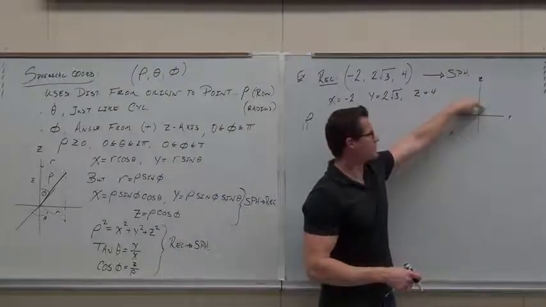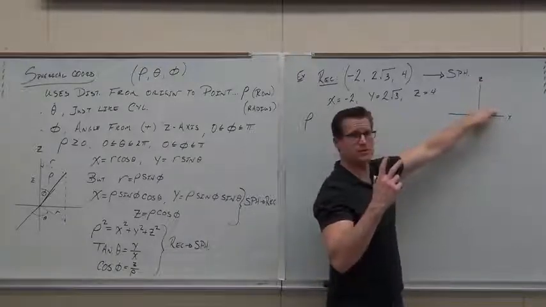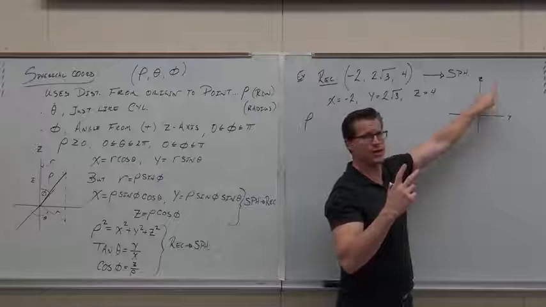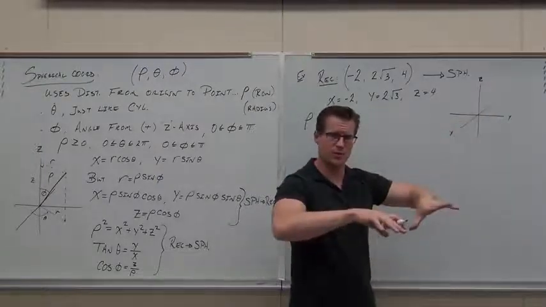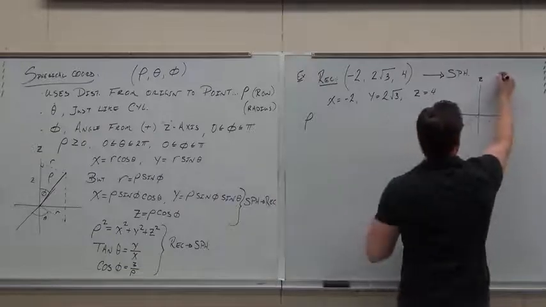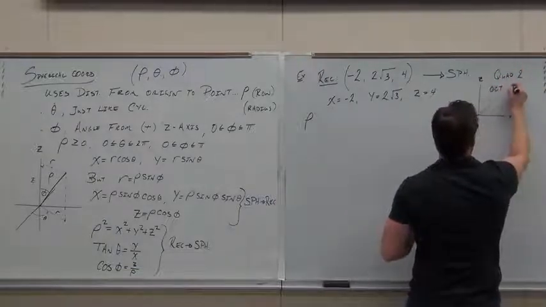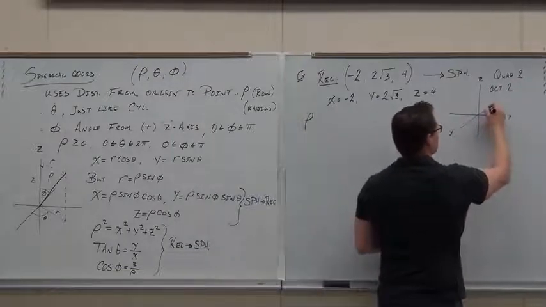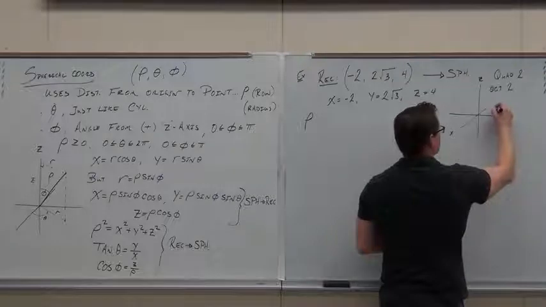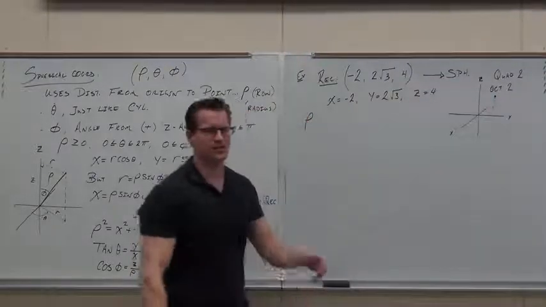Positive y comes up this way. What quadrant? Quadrant 2. And then positive z pushes us up this way. What octant? 2. So we're in 2, 2. So quadrant 2 on the xy plane, octant 2. Floating right about there. It doesn't have to be exact.